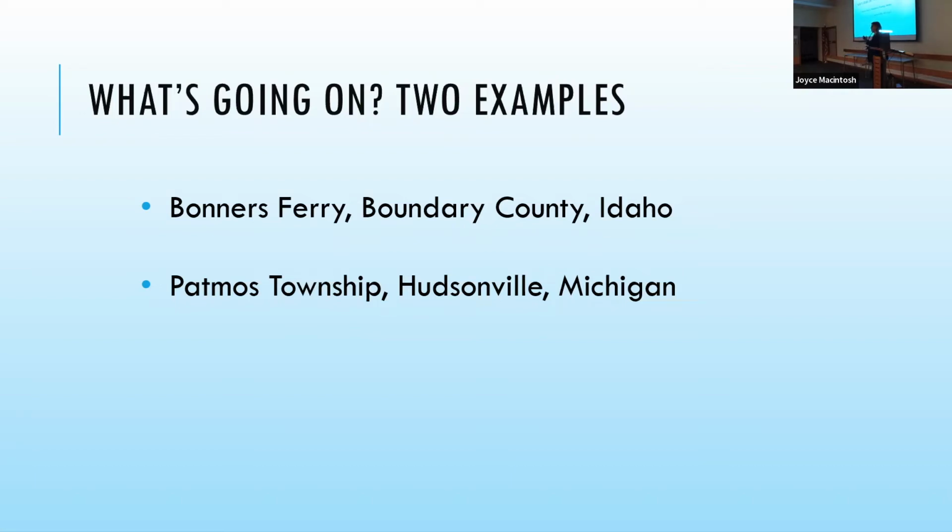They are attempting to overturn the library board 100%, and they're attempting to take over city council. So if you go home and you Google Bonners Ferry, Idaho, you will find a lot of national press that's taking place right now. People are showing up at library board meetings and school board meetings with their assault rifles in order to threaten people. So it's extremist. It's not, I want to exercise my right to share with you why I'm really disturbed by one book. It's, I am wanting to prevent choice for everyone.